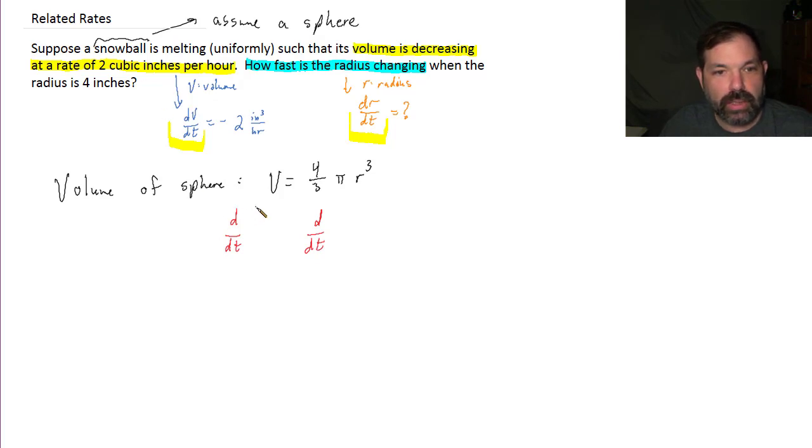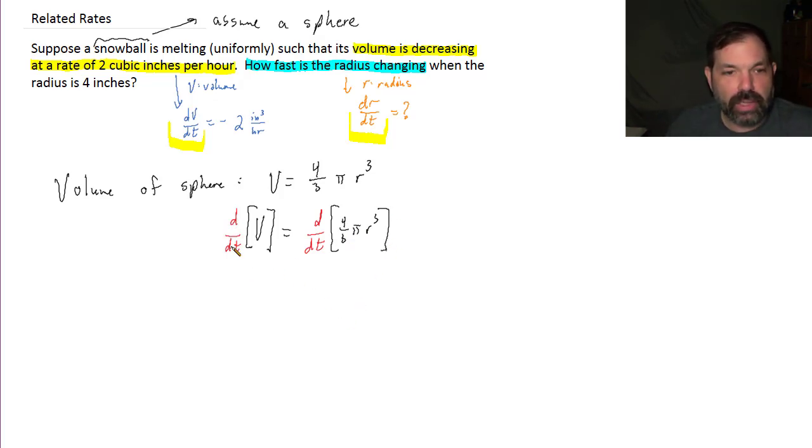So d/dt of the volume should be equal to d/dt of 4/3 pi r cubed. The derivative with respect to time of the volume is just dV/dt. Now we have 4/3 pi r cubed. Well, 4/3 and pi are both constants, so I can bring those along.